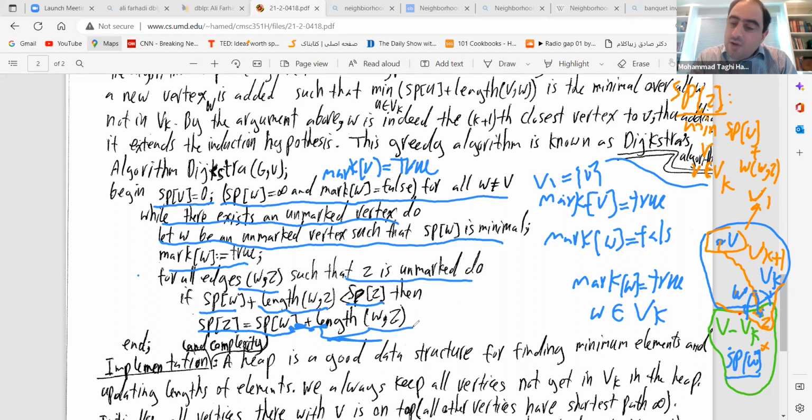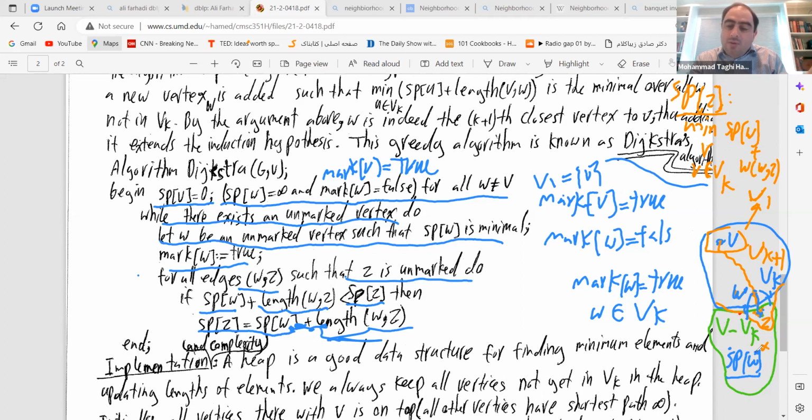And W is already added to the set V_K because its mark is also true. So this is the way that actually we run that. So instead of the way that we have described before, so for each Z, you are going to all vertices V minus V_K, find the vertex Z that has the minimum, and then you will add it.